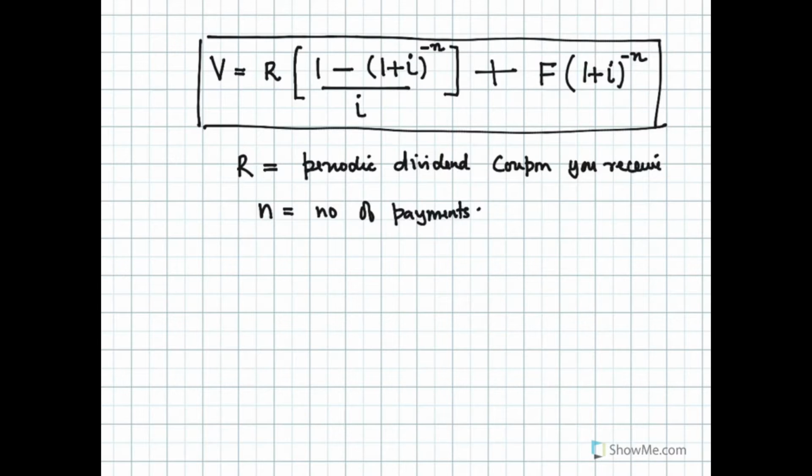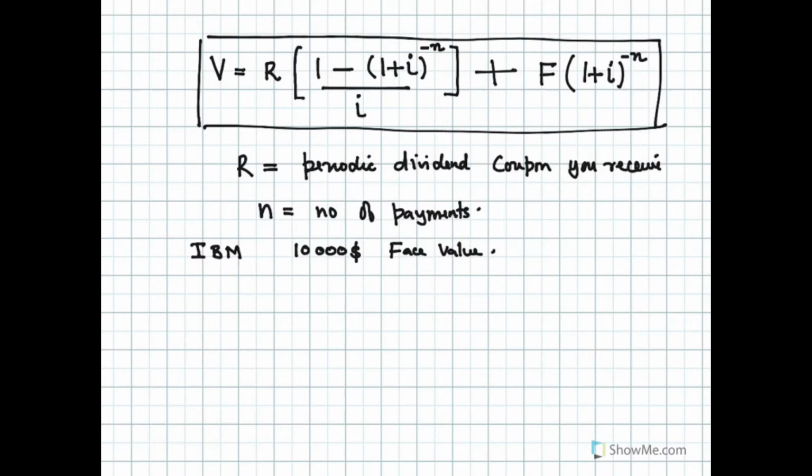Okay, so let's take an example. Suppose a company, say IBM, is issuing a bond of $10,000. $10,000 is the face value. That means at the end of the term, you are going to get back 10,000.